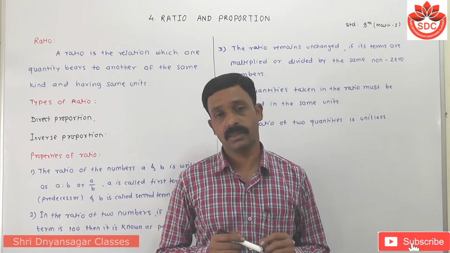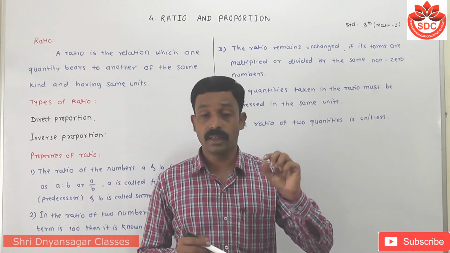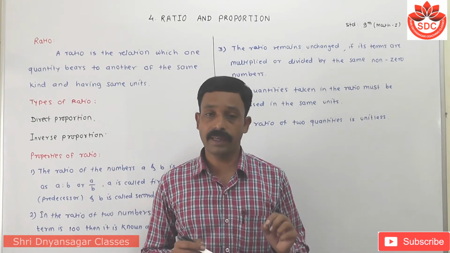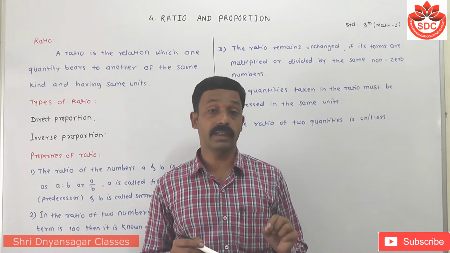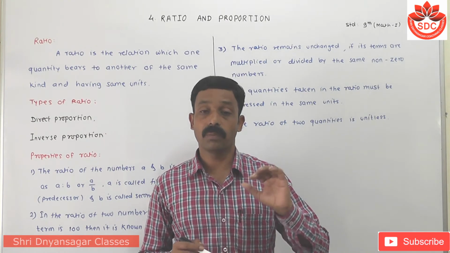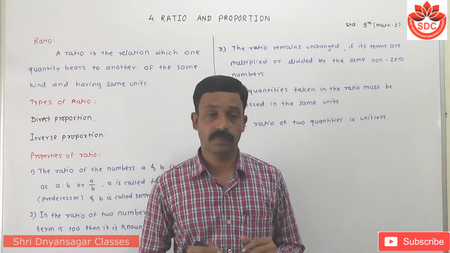Then 2 upon 30 is 1 upon 15, 6 upon 90 is 1 upon 15, and 10 upon 150 is also 1 upon 15. This ratio 1 upon 15 is constant. At that time there is direct proportion.